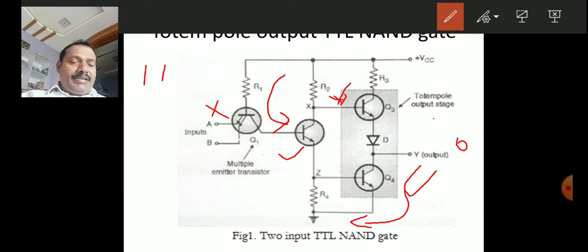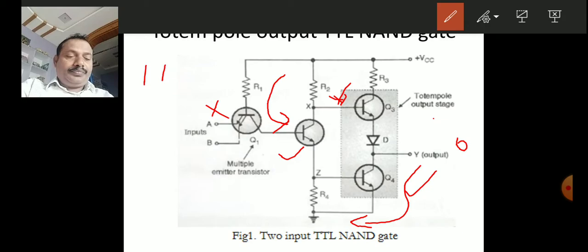It can be seen that whether the output is low or high, one of the two transistors, Q3 or Q4, is in saturation. Since at least one of the transistors connected at the output is always in conduction, the output impedance is always low.